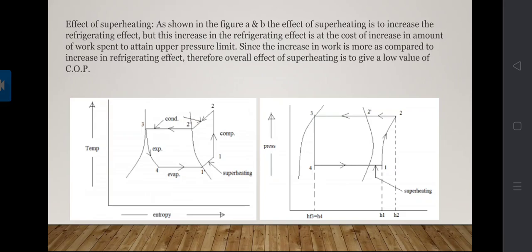In this figure we can see 1 dash to 1, that is superheating, where after evaporation the vapor enters the compression, or before compression the vapor is superheated. Here we can see it at 1 dash to 1.